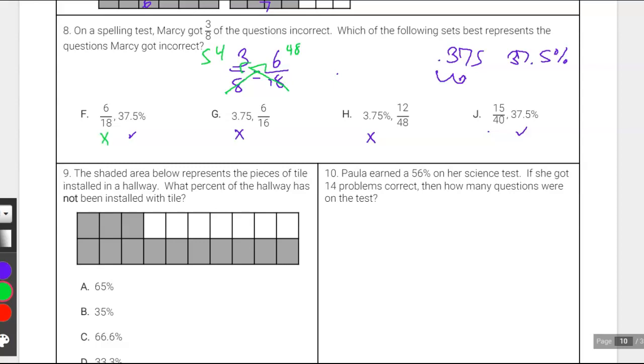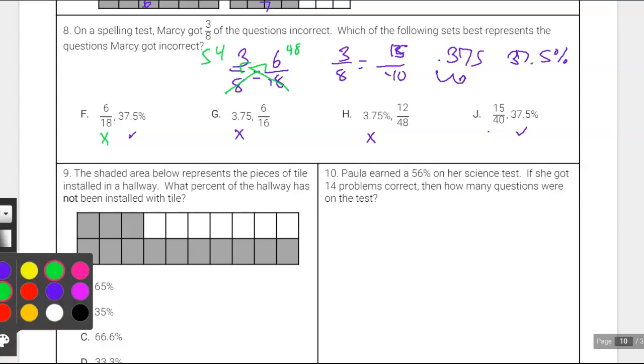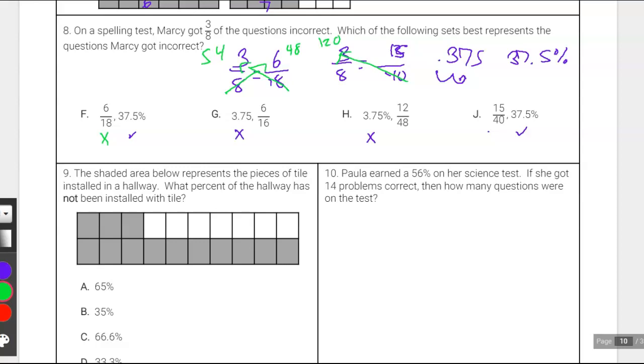And just to double check, I'm going to do 3/8 equals 15/40ths. When I cross multiply, 40 times 3 is 120. 8 times 15 is 120. So 15/40ths works. J is your answer.